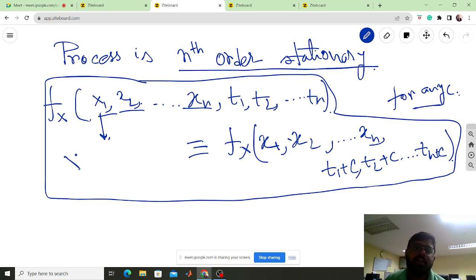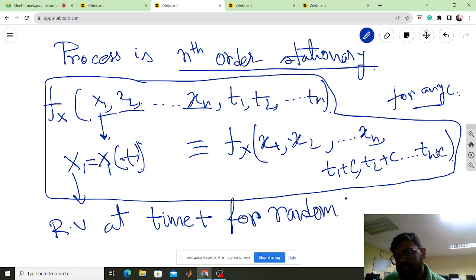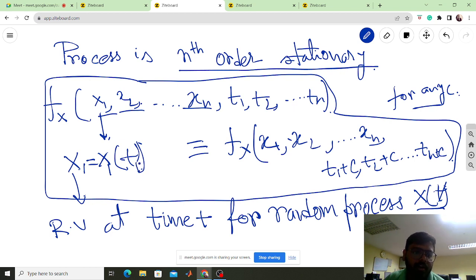At every time instance there will be a random variable, so x1 is the random variable of the random process X(t) at the particular instance t1.